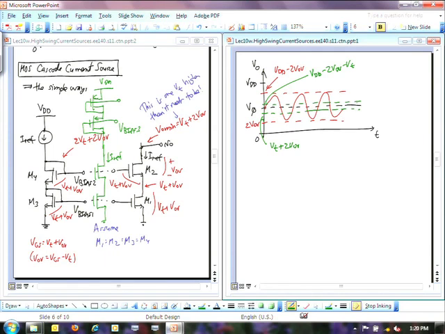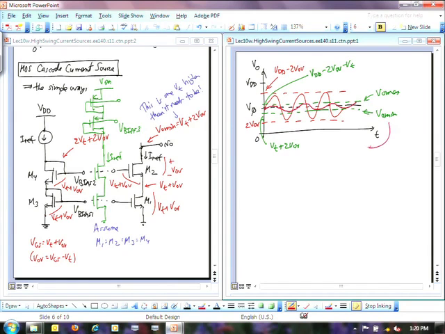Now my output swing becomes minuscule. Right? This now becomes my V output max. That becomes my V output min, and my dynamic range just disappears, right? I'm looking at a signal, maximum signal, it can only be this big now, right? That's very bad.